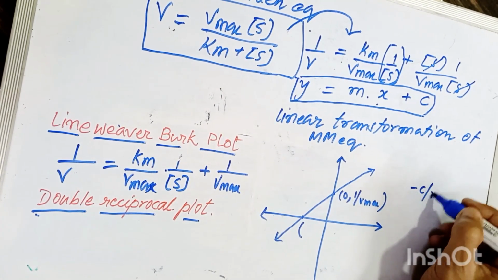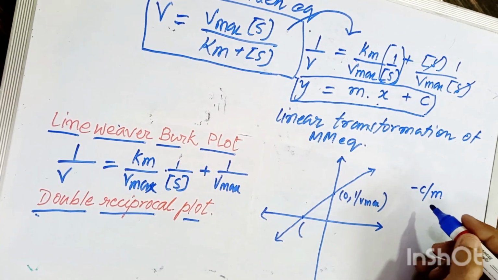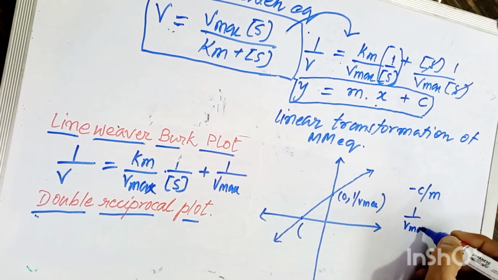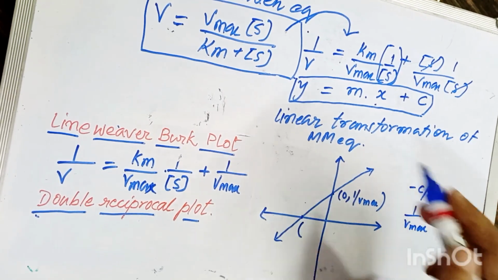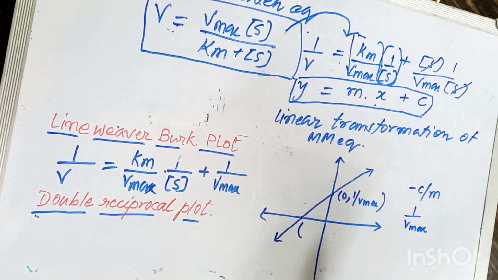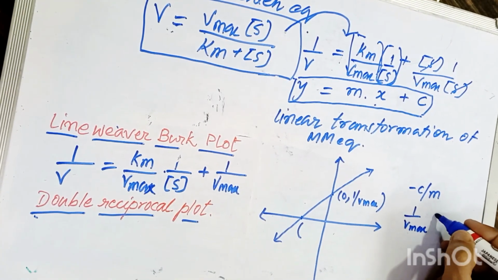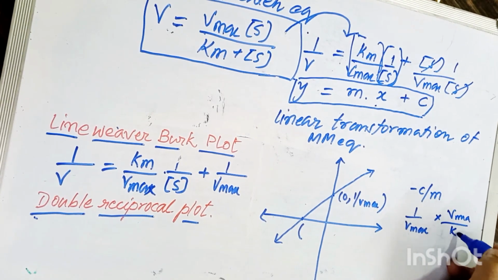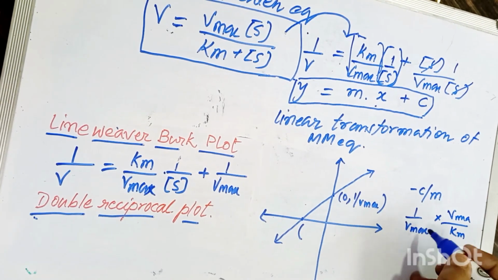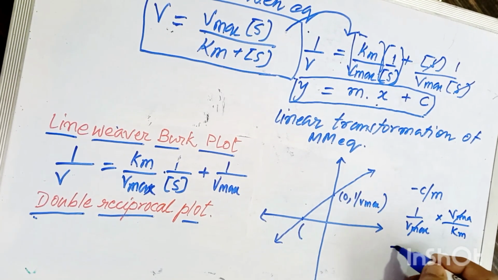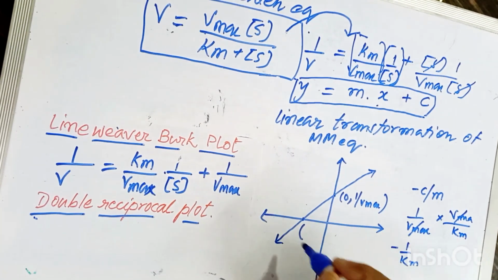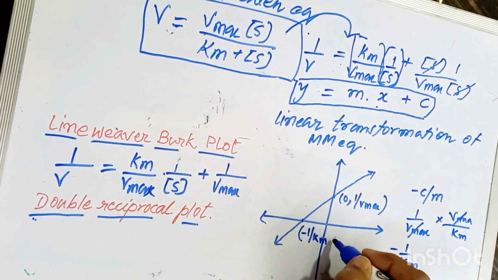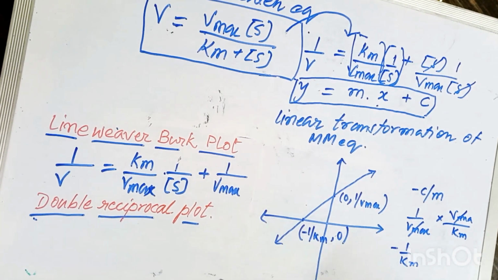What is c? C is 1 by Vmax, and m is Km by Vmax. Dividing, Vmax cancels out, and minus c by m is minus 1 by Km. So the point is minus 1 by Km, 0, where the value of y is 0.